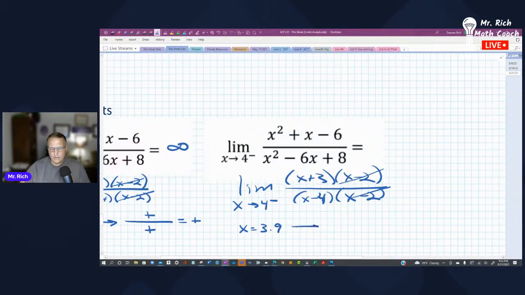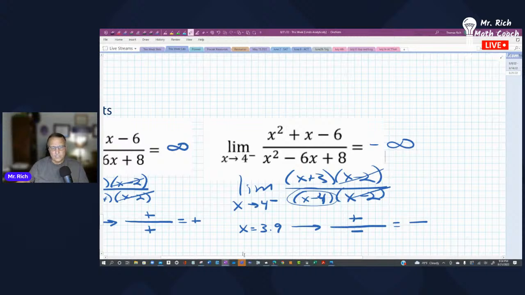And then I'm going to consider what my numerator would be. It's going to be positive. But 3.9 minus 4 is a negative. So that means this answer is going to be a really large negative number, because the closer I am to 4, the smaller that's going to be in the denominator. So it's going to cause it to get bigger and bigger, but in terms of going towards negative infinity. So my answer here is negative infinity.